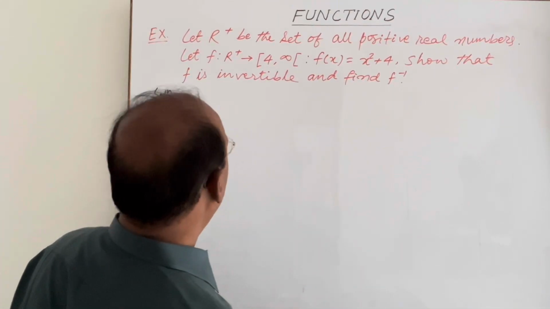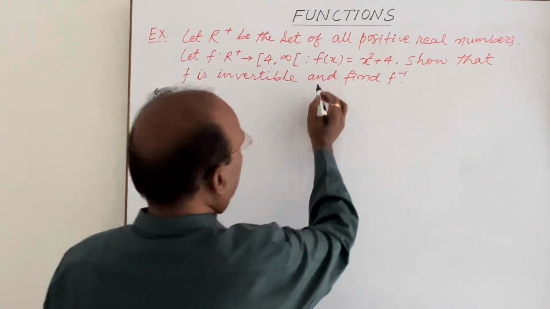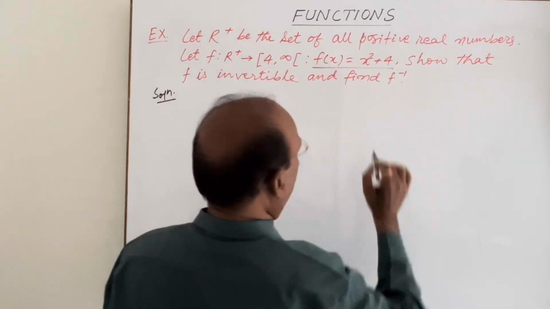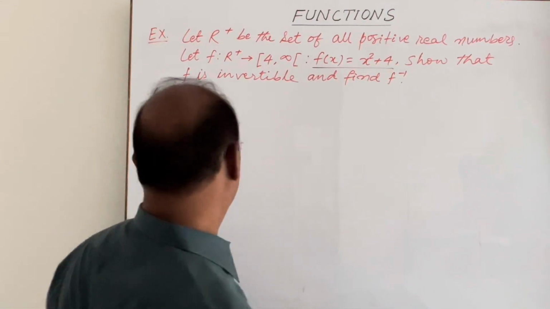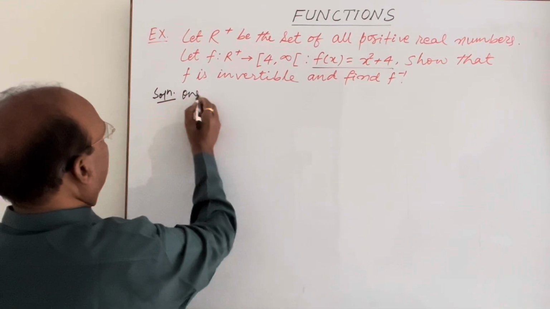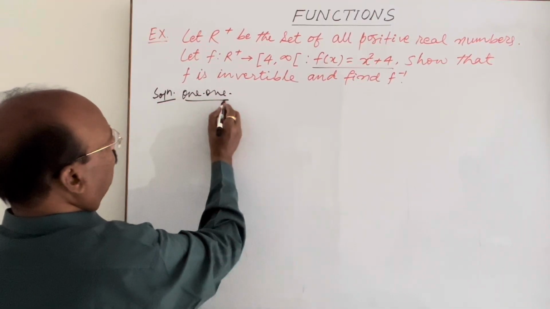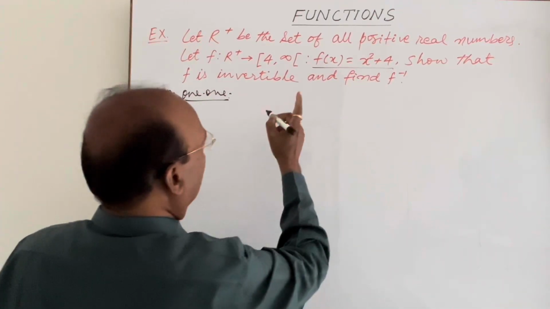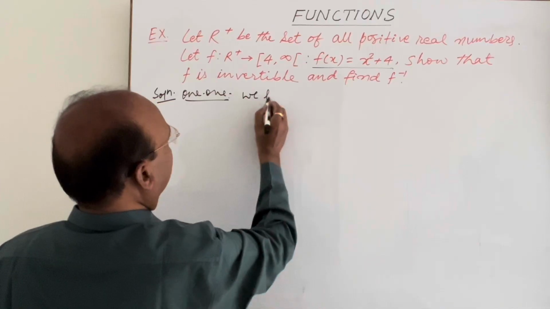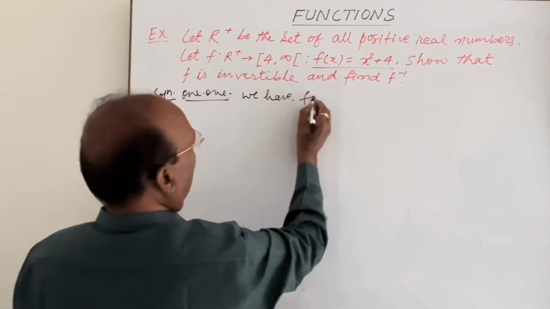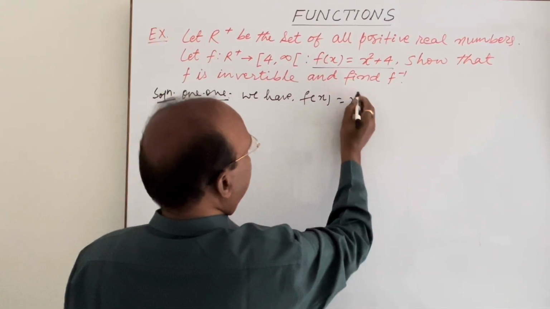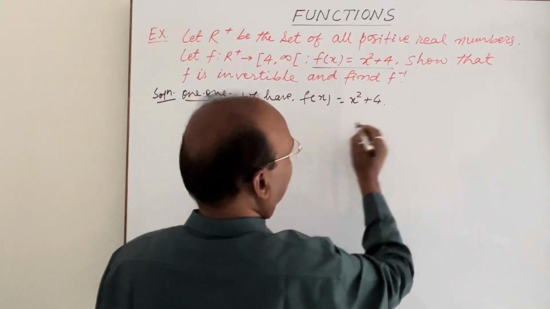First of all, we'll show that this function f(x) is equal to x square plus 4 is 1-1. We have f(x) is equal to x square plus 4.